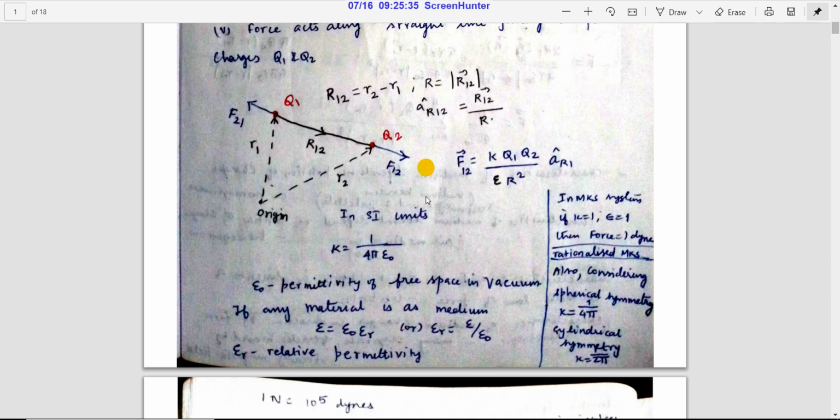So we can say this equation as F12 is equal to 1 divided by 4 pi epsilon naught Q1 Q2 divided by R square.